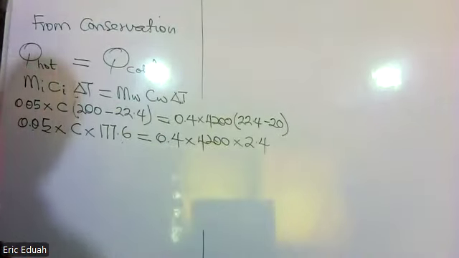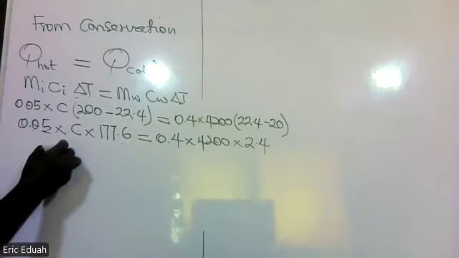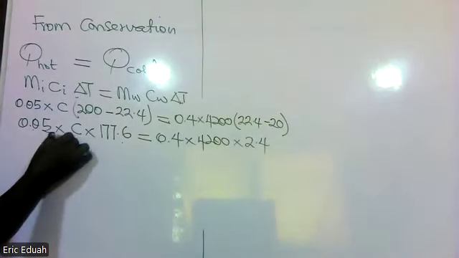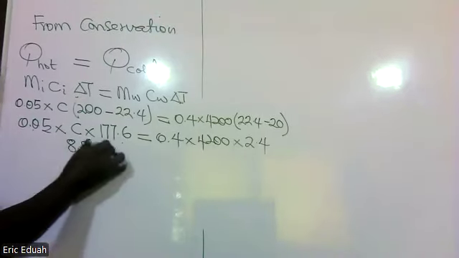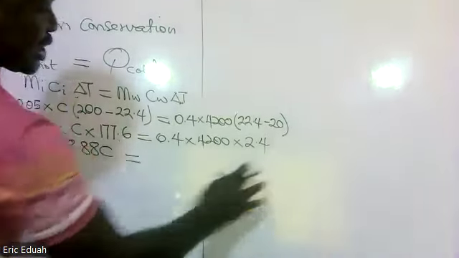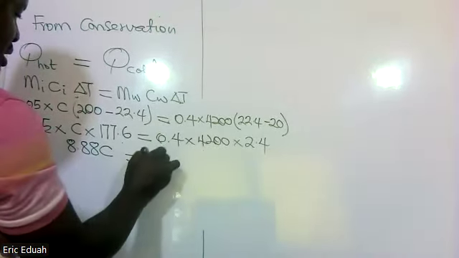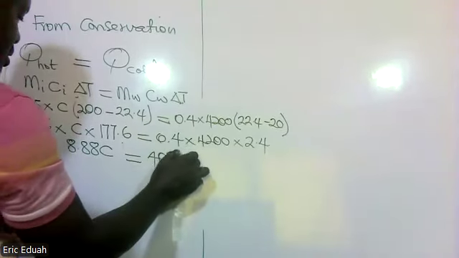8.88 C is equal to, what is this product? Yeah, 4,032.